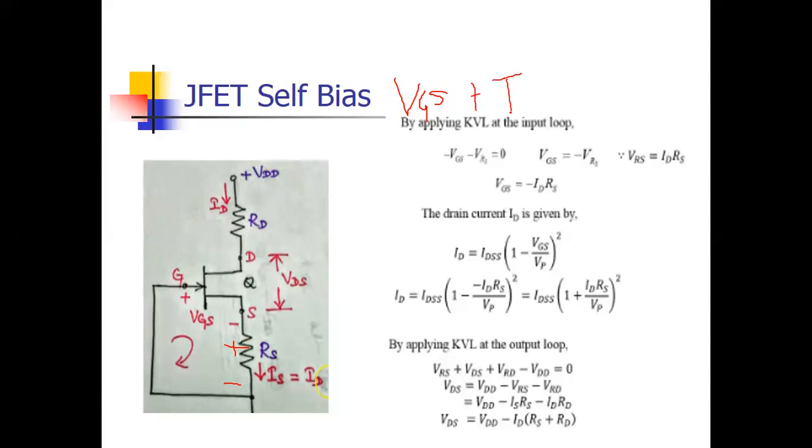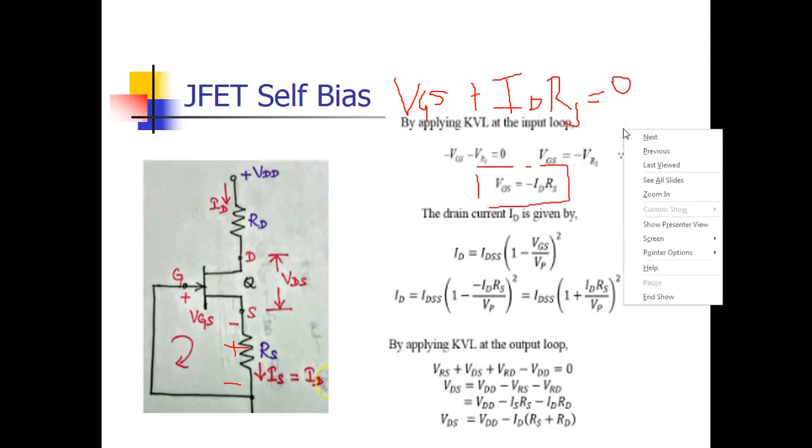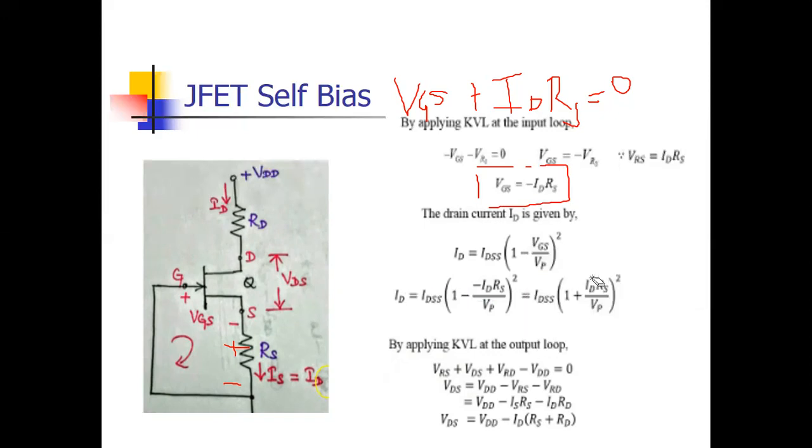Then what will be the VGS? As per this equation, if this term goes to the right hand side, VGS will be equal to minus ID RS. Clear?